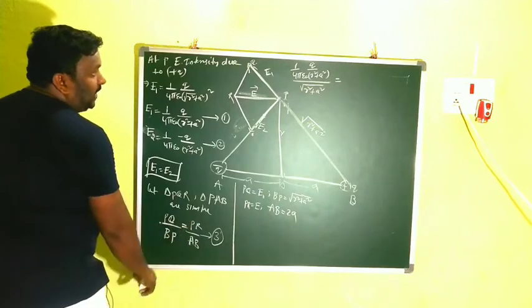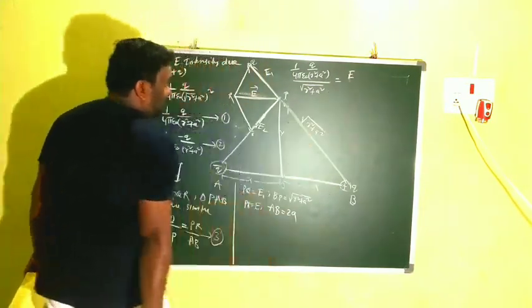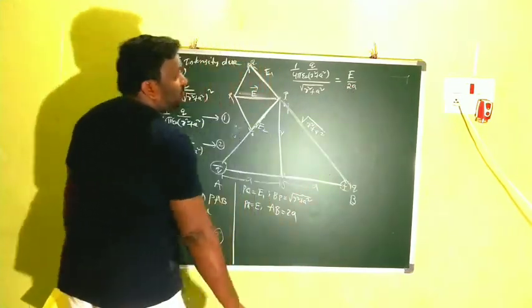That is equal to PR by AB. PR means E, and AB is 2A.